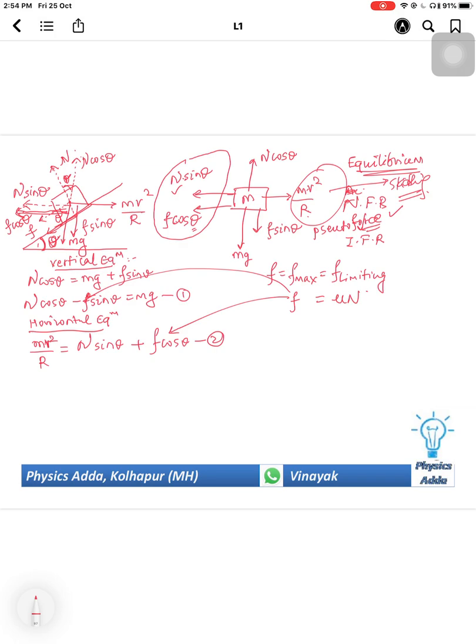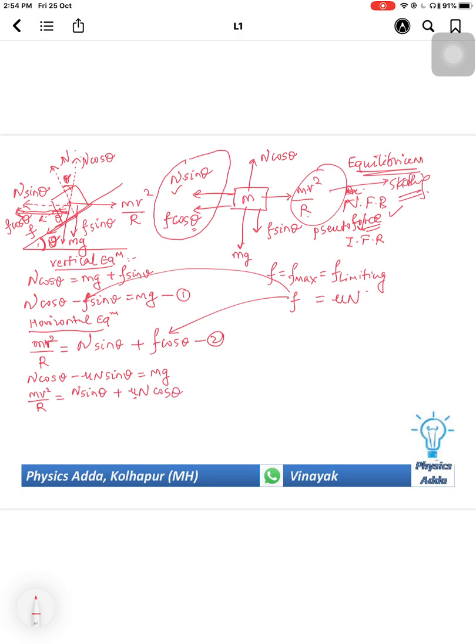Equation number one is n cos theta minus mu n sin theta, equal to mg. Second one is mv square by r is equal to n sin theta plus mu n cos theta.